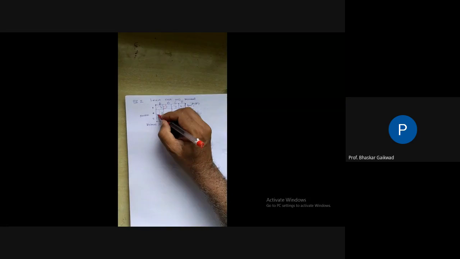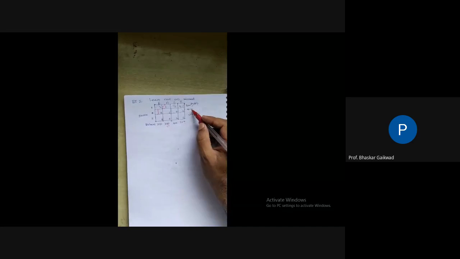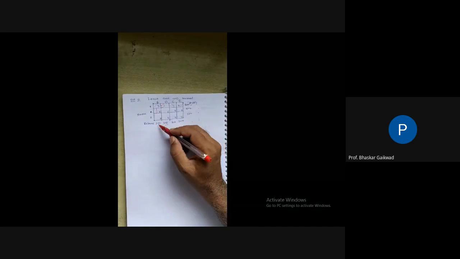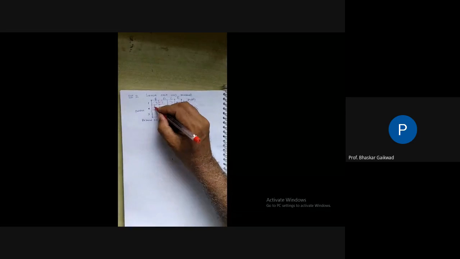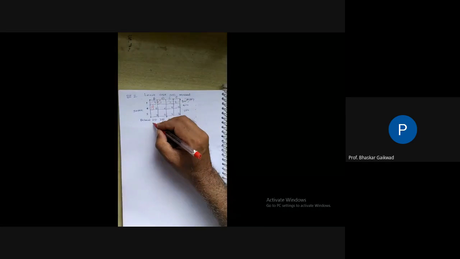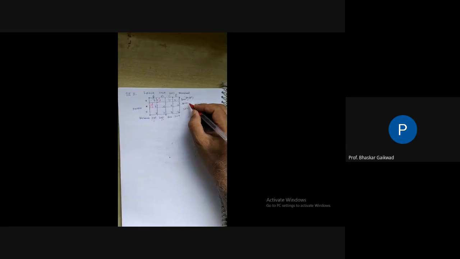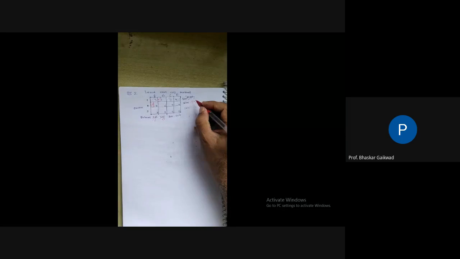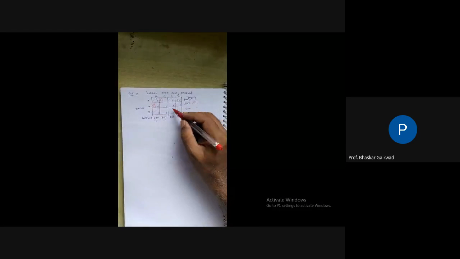So here you can make the square. In this square, what is demand? 250. And what is the supply? 400. So out of this, the minimum is 250. So here you can write 250. Make it 0. So 400 minus 250, 150. And cancel this column.